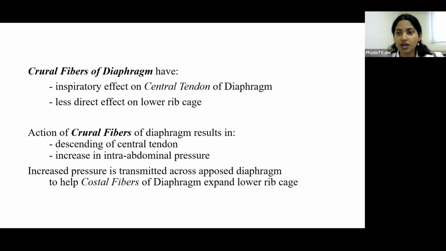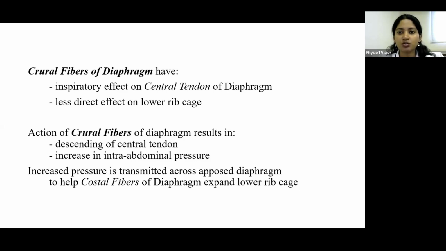So it again augments the descent of the central tendon, and this in turn puts increased pressure on the intra-abdominal contents, and the intra-abdominal pressure is increased.